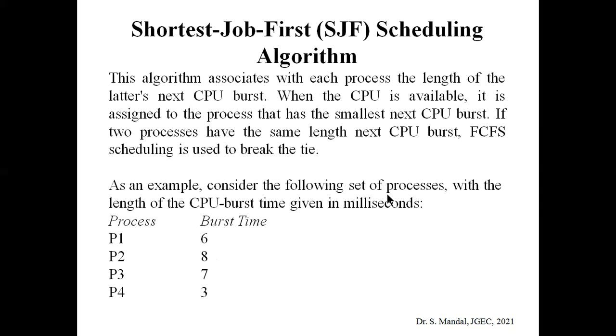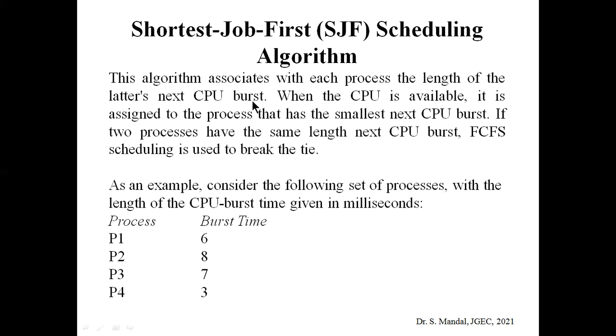Now the next algorithm is the shortest job first algorithm, the SJF algorithm. As the name suggests, in this scenario the first job that will be executed is the one which has the least burst time. So in this case this algorithm associates with each process the length of the process's next CPU burst.